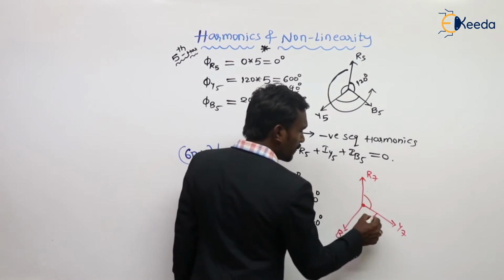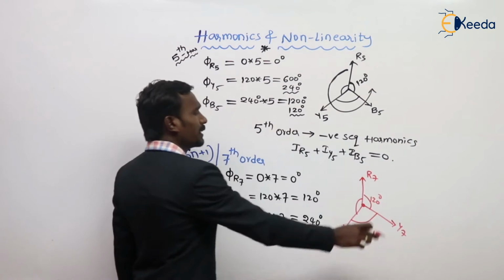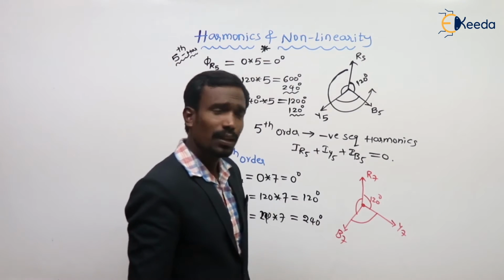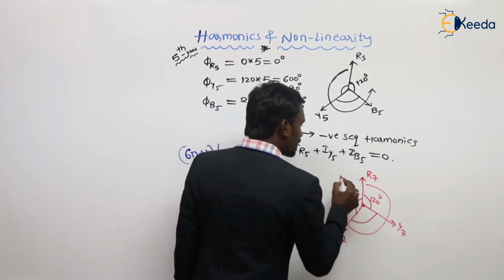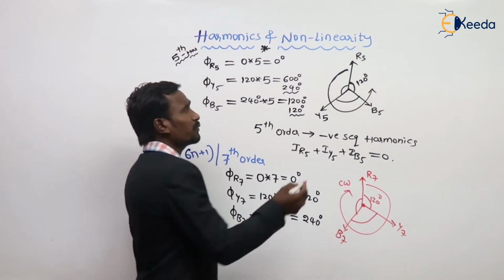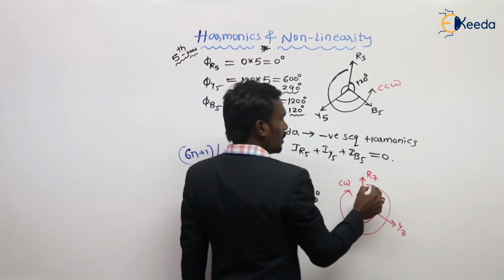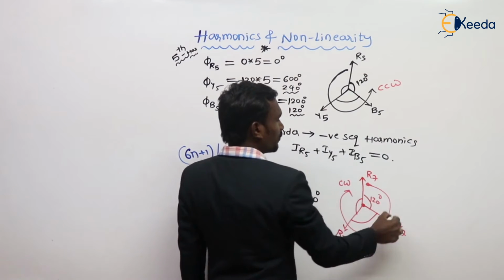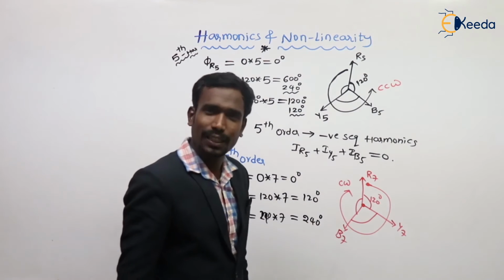Each phase is displaced by 120 degrees as usual. The fundamental RYB follows the rules in counterclockwise direction, but the seventh group harmonics follow the fundamental rules in the clockwise direction only.